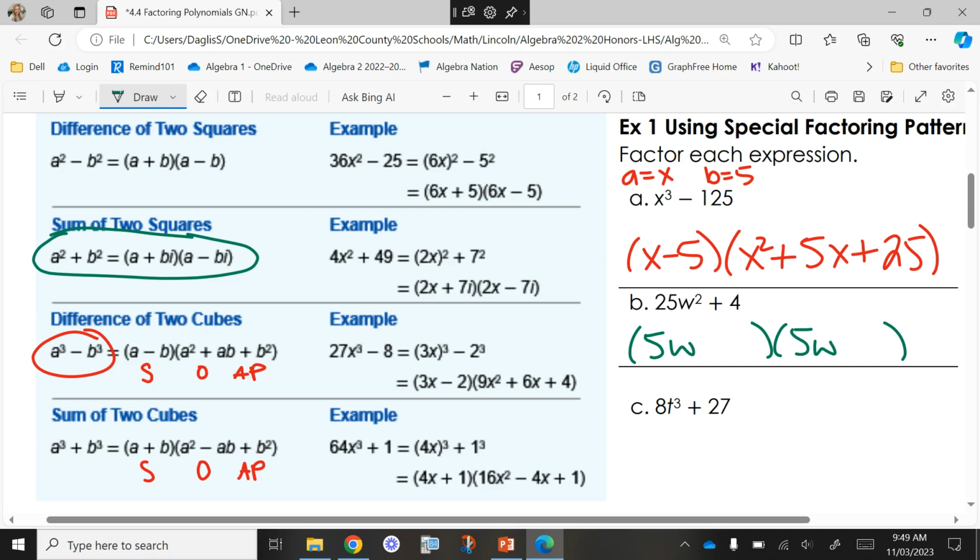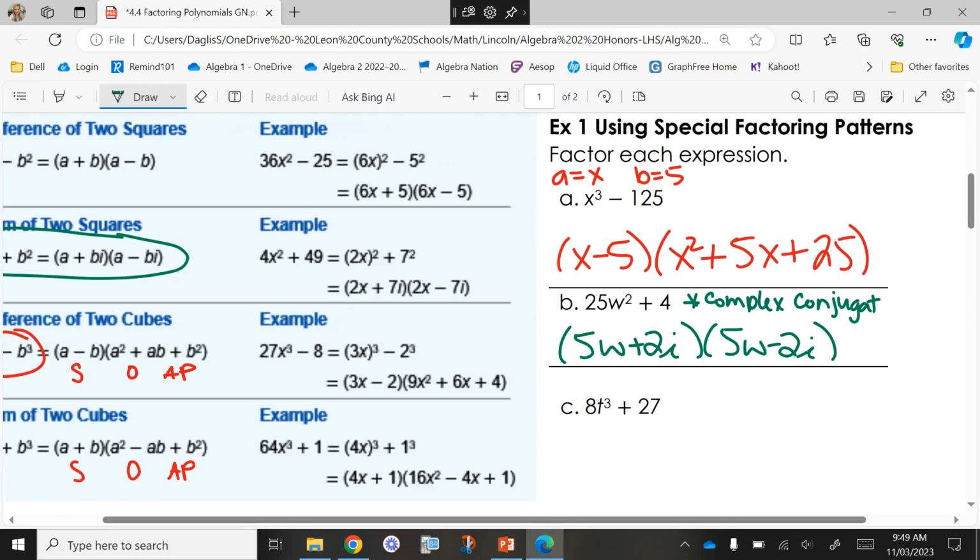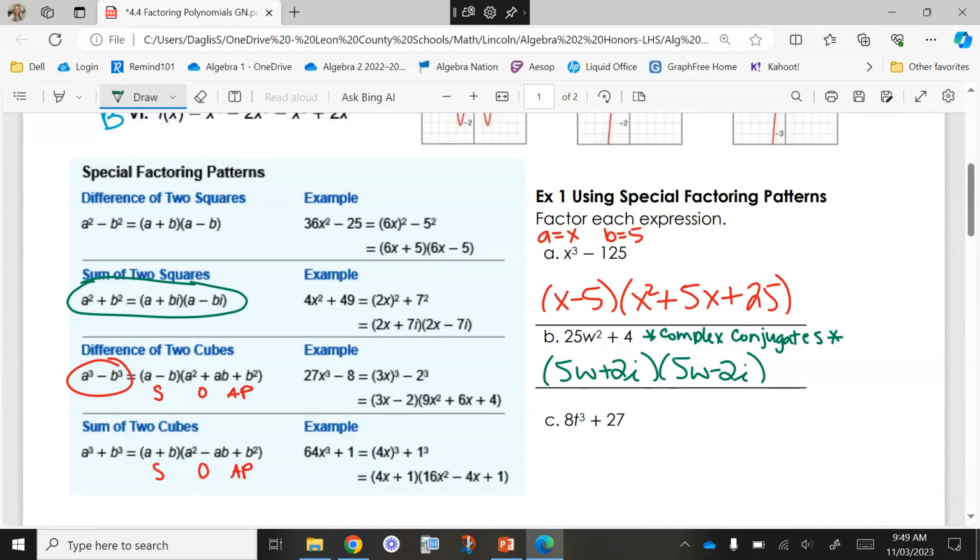And since we're doing complex conjugates, I need to do plus 2i, minus 2i. So a sum of squares results in a complex conjugate.